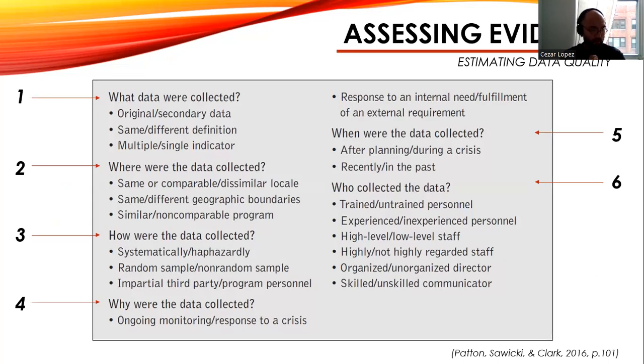Validity and reliability of data are key. It's recommended for an analyst to critically examine the different data sources, the data collected, as well as how, why, when, and by whom the data were collected. And limitations in the data should be made explicit in the report.